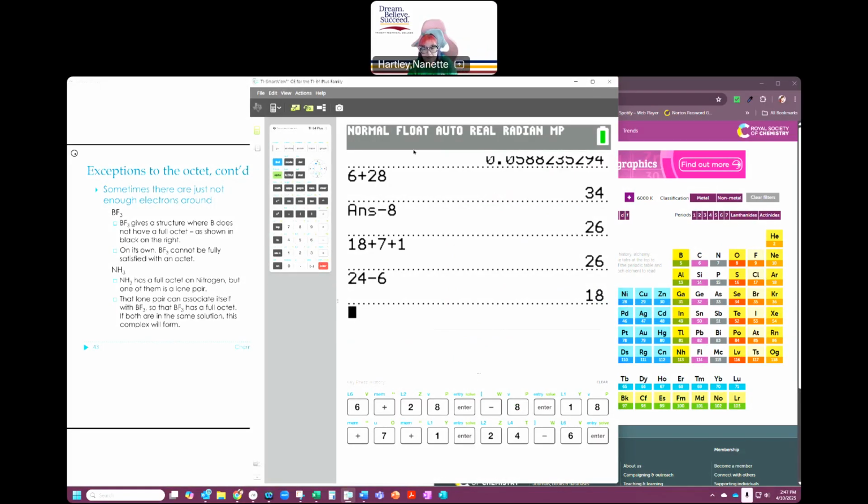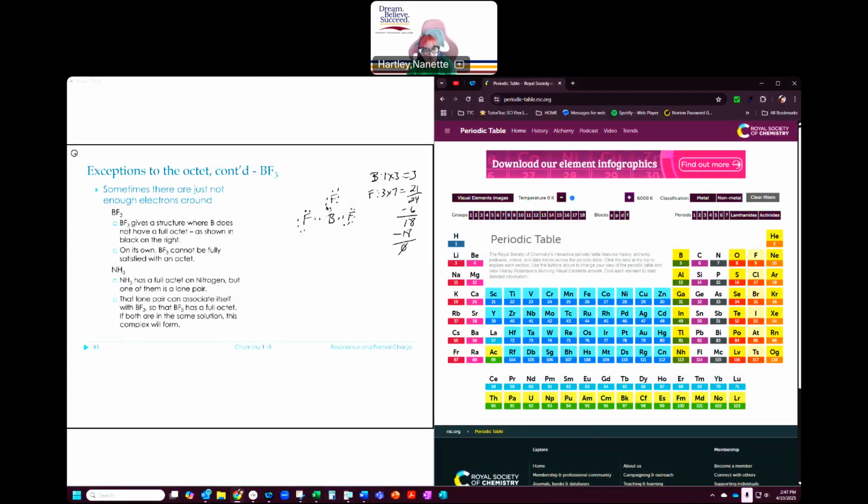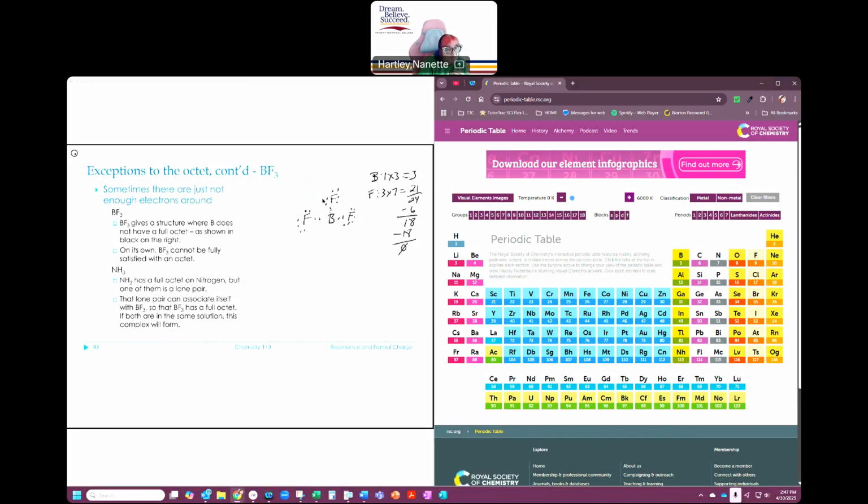And that's all well and good, except now I've got 2, 4, 6 in those bonds, and then 2, 4, 6, 8, 10, 12, 14, 16, 18 fulfilling those octets, and then boron is left with this hole. So there are only 6 electrons around boron. So it's a violation of the octet rule because it does not have a full octet. So boron is a violation. But then there's NH3. Remember NH3?